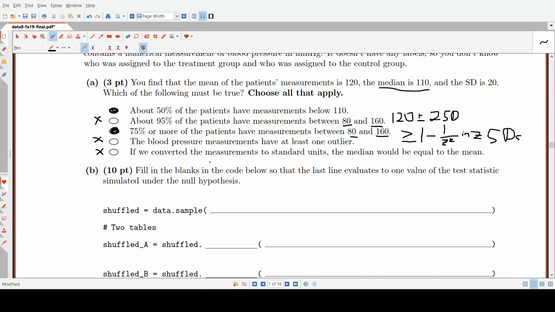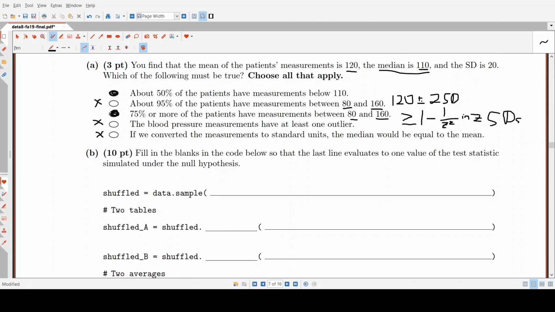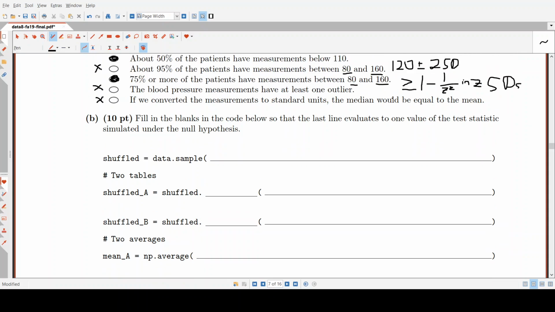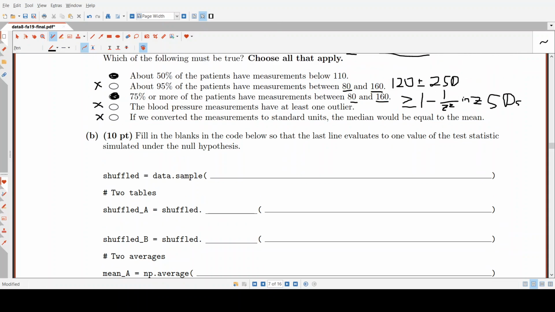Because in standard units, we know that the mean is equal to 0, but because we have a skewed distribution where the mean and median are not equal, the median would not necessarily be 0. So our answer is this option and this one.